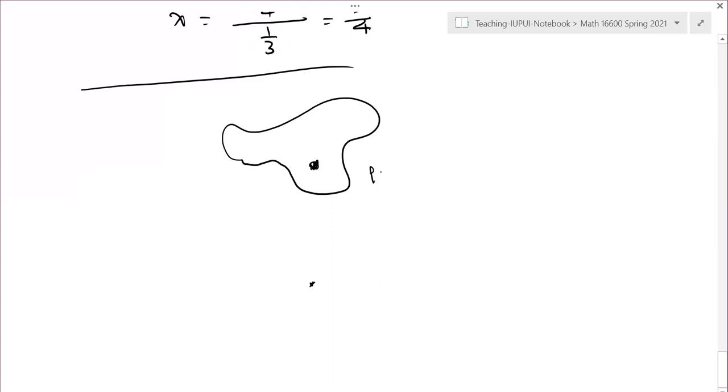This time the density function is always constant. Otherwise it's more complicated. The density function is constant. So how do we find the center?